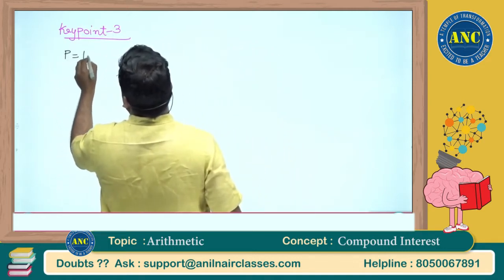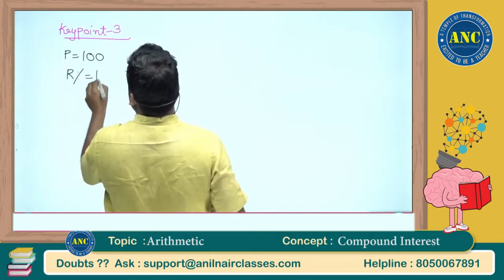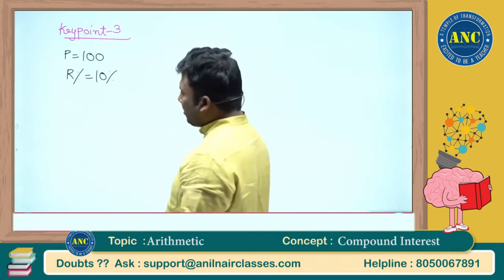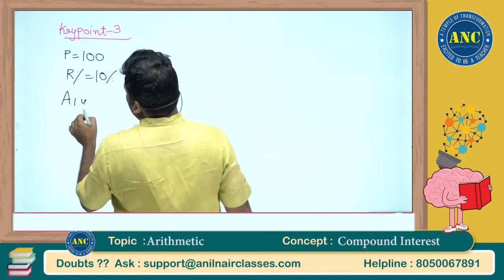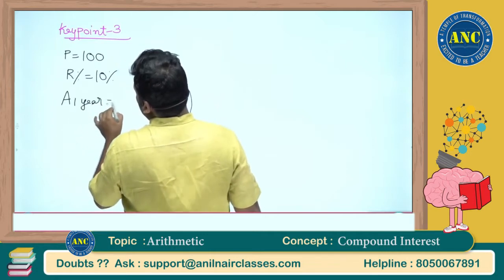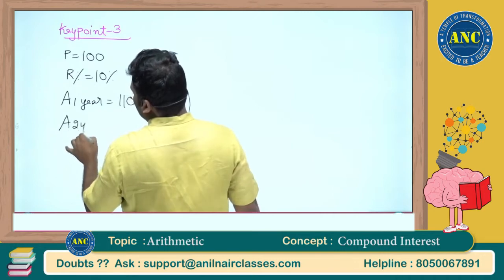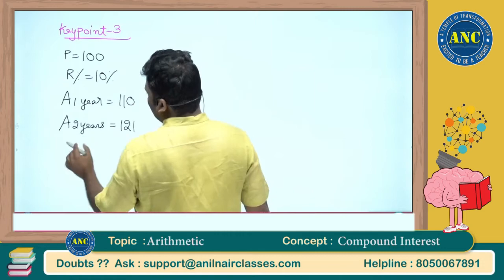If P is 100 and R percentage is 10 percentage, the amount at the end of 1 year is 110. The amount at the end of 2 years is 121.